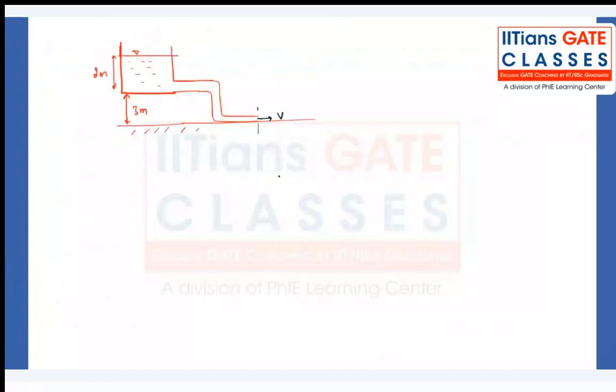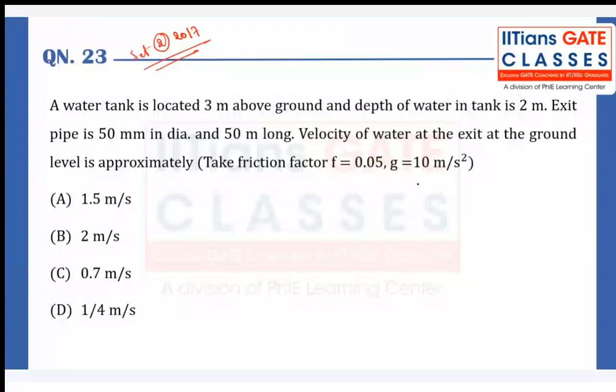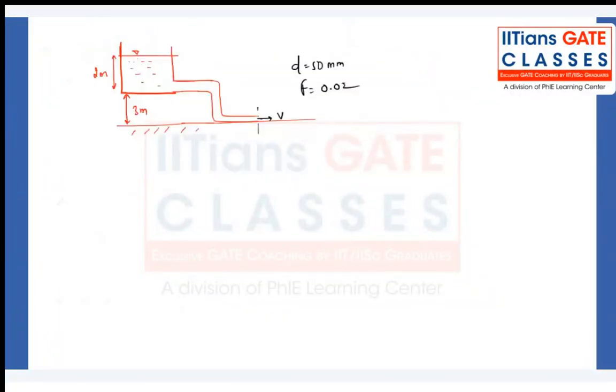The friction factor in the pipe, the diameter, everything they have given. Diameter is 50 mm. Friction factor 0.05, sorry, 0.05.